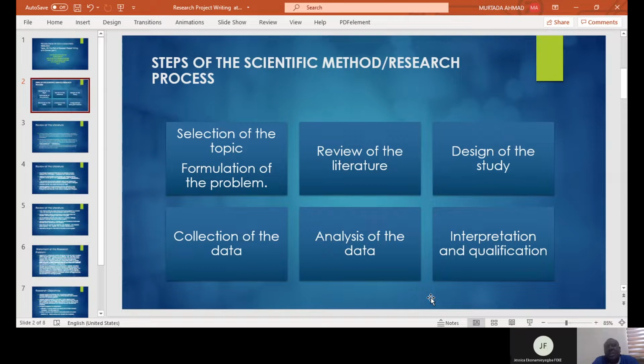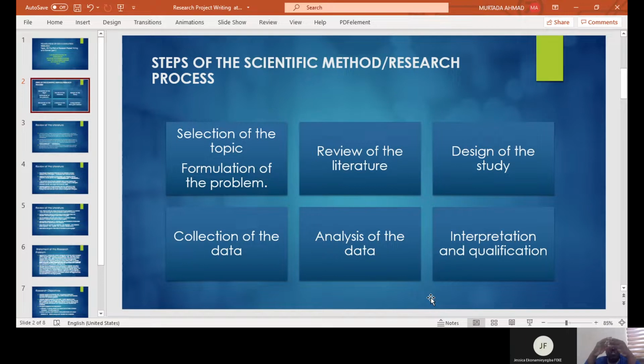We have to determine to do research on a particular issue. If we don't have that in mind, we will not be able to go for specific literature on a specific area.